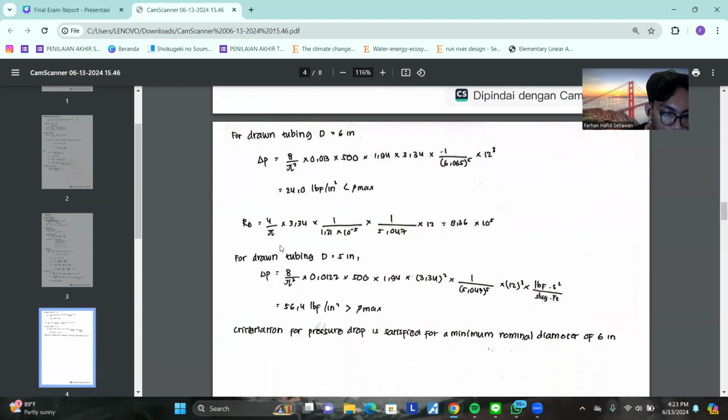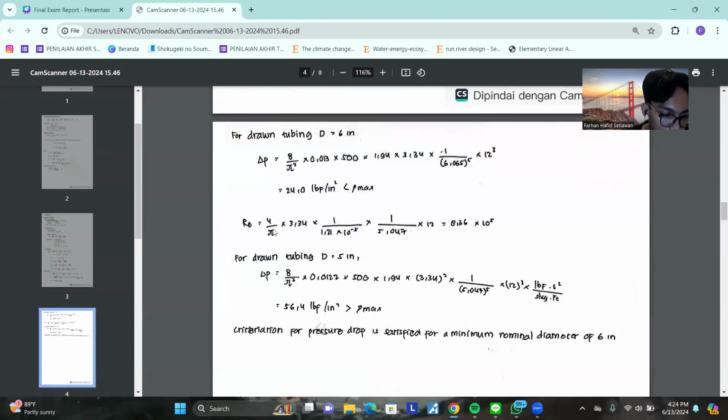We should check 5 inch nominal pipe with an actual ID of 5.047. So before that, you can explain the Reynolds number for the verifikasi allowable pressure itu.